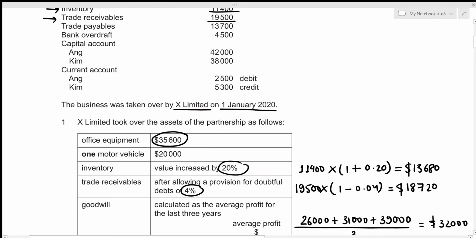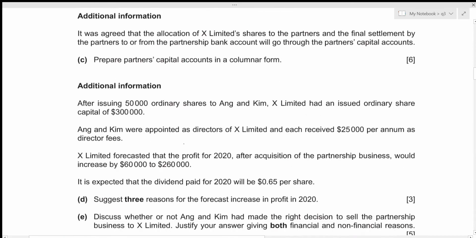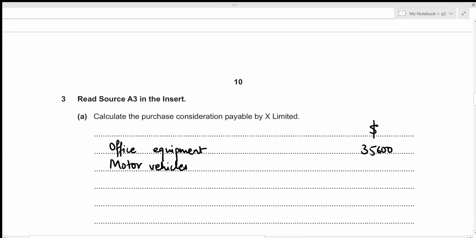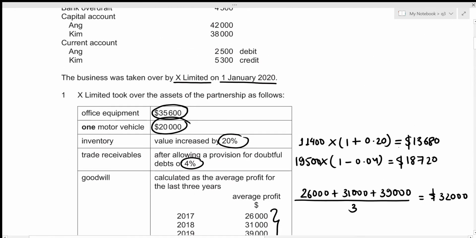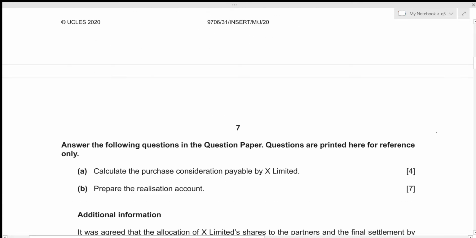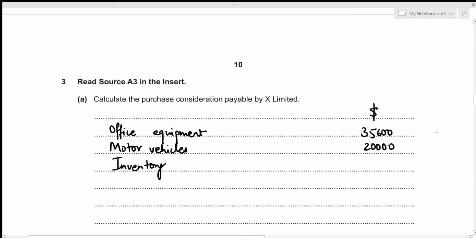The motor vehicles taken over had the value of 20,000. Let's substitute this value into our statement. Then we had the inventory. And we increased the value of inventory by 20%. So it amounted to 13,680. Let's substitute this value. That's 13,680.